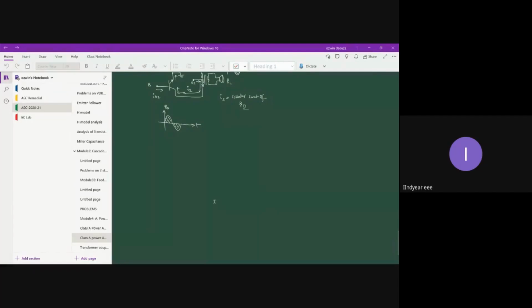Today what I will do is I will draw certain waveforms. Before drawing the waveform, let me define a few quantities here. Let IS is equal to source current.